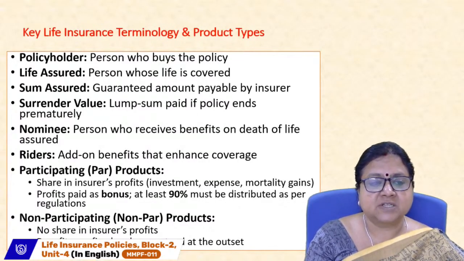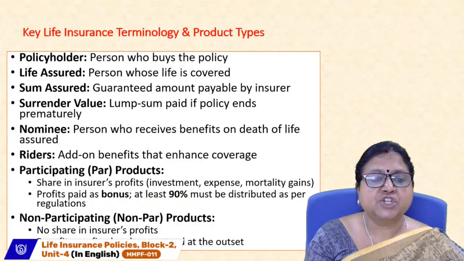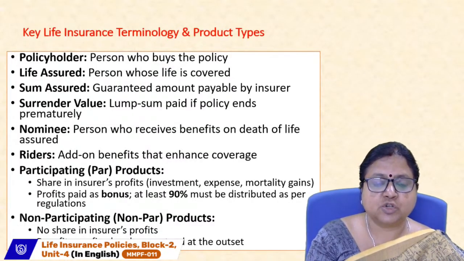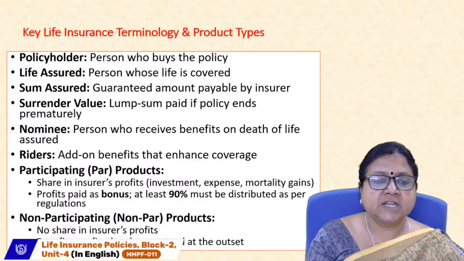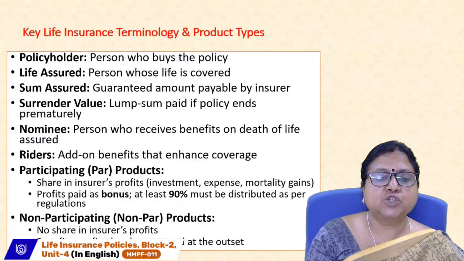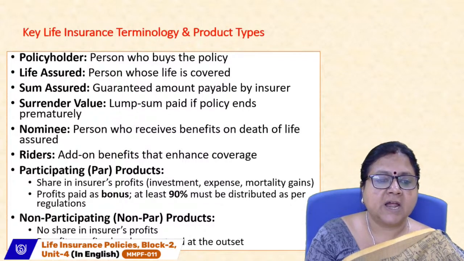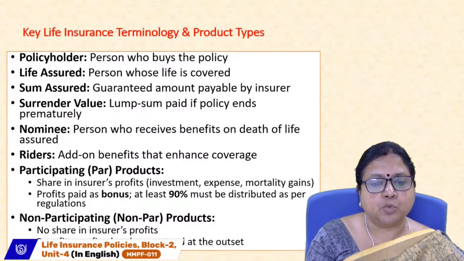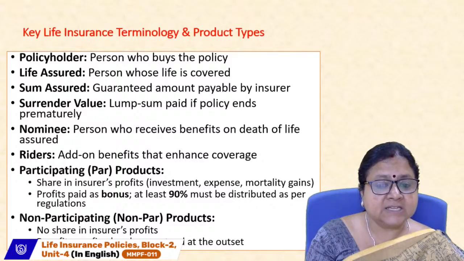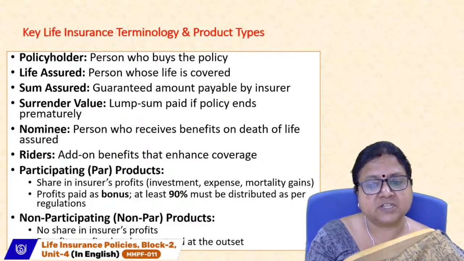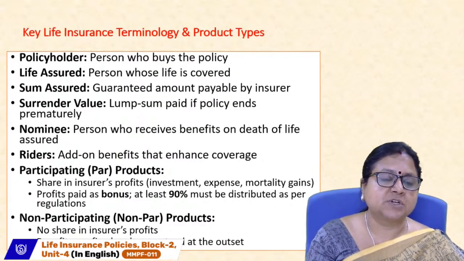That profit the insurance companies will share with the insurance policy holders. So it shares in insurers' profit, and profits are paid in bonus, and at least 90% of the profits must be distributed as per the regulations.